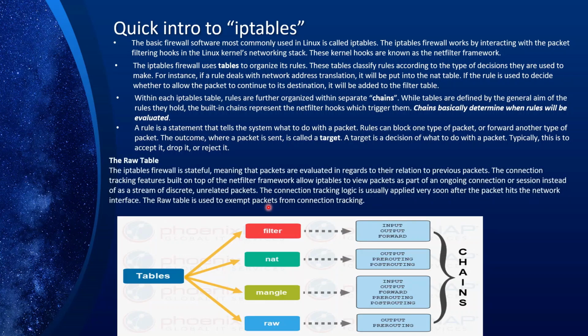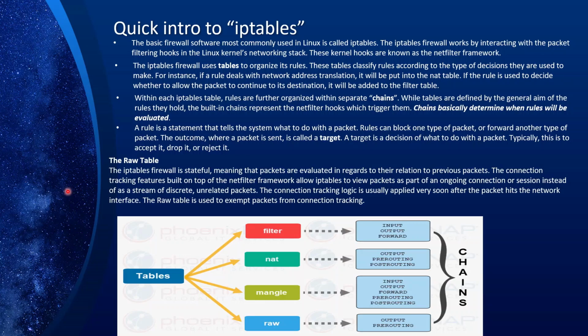Finally, the raw table. We need to realize that the Linux firewall system is stateful. That is, it remembers the packets that passed through it before this packet, and that is important. For instance, think of the situation where it is used as a load balancer through the NAT table. When you call a service, the first time it calls, for instance, pod number 1, but it needs to remember.